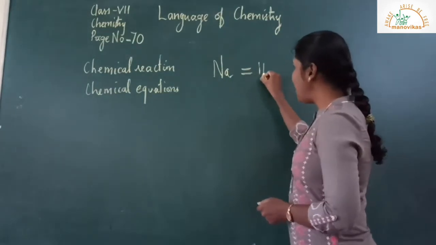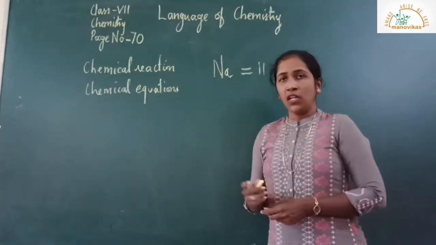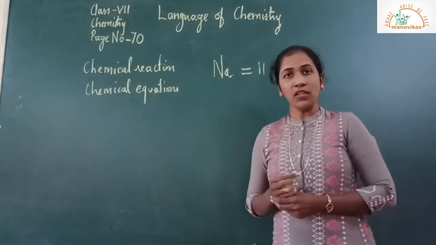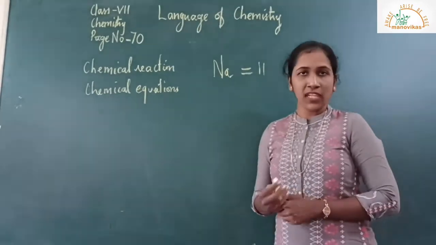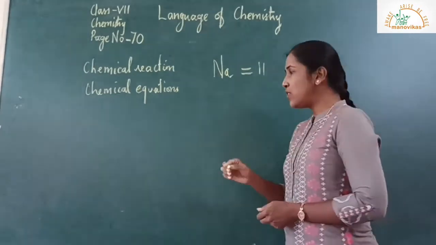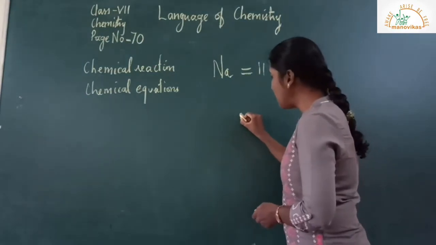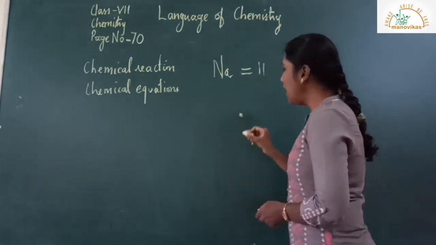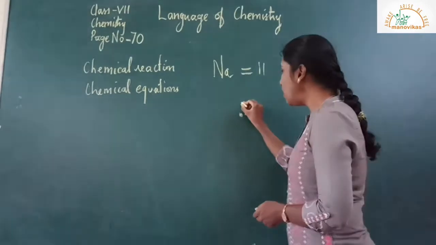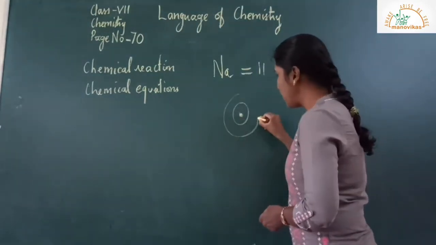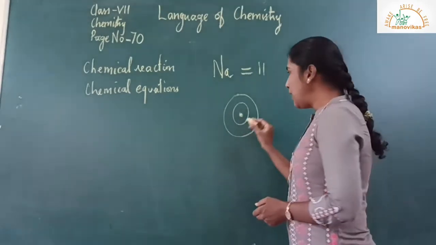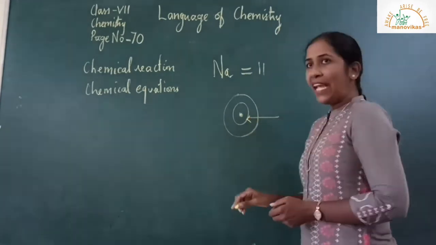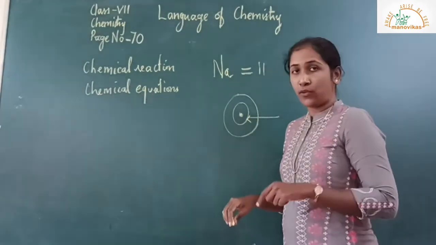It is 11. Now, remember, when you are writing the atomic number, you can write the electronic configuration. So in this, what we have to remember is, this is the nucleus, okay, and the nucleus is surrounded with the different shells. So here, in the first shell, we can have only 2 electrons.